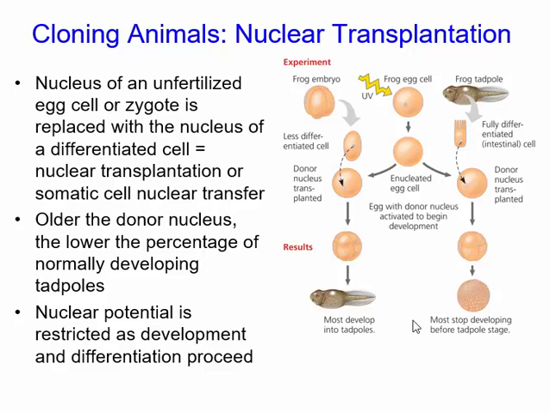So it's important that you're getting a nucleus from a cell that is not fully differentiated. The further along you are in development, say like in this tadpole taking this intestinal cell, the more restricted that nucleus is in terms of it being fuel for cloning.